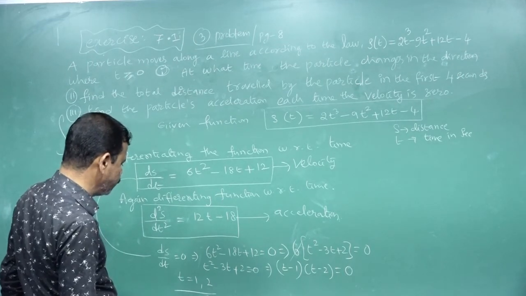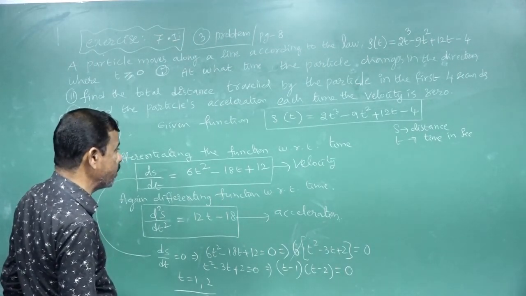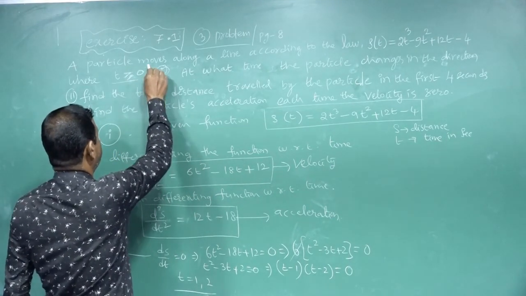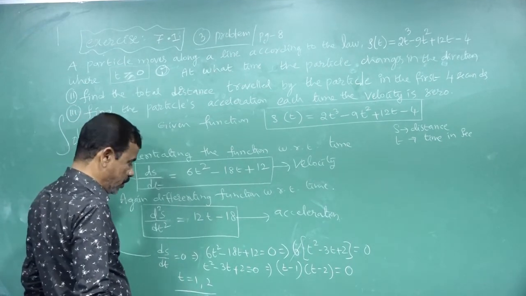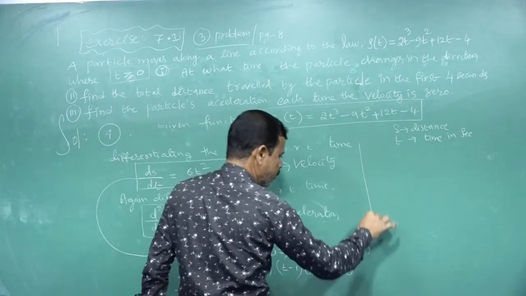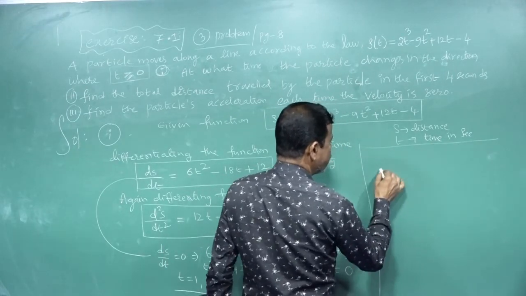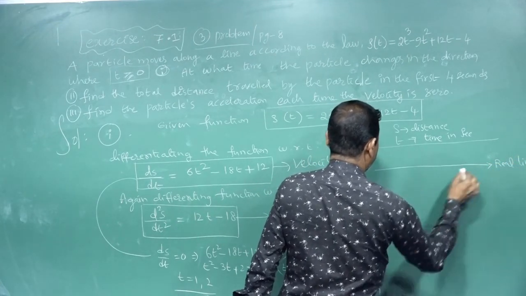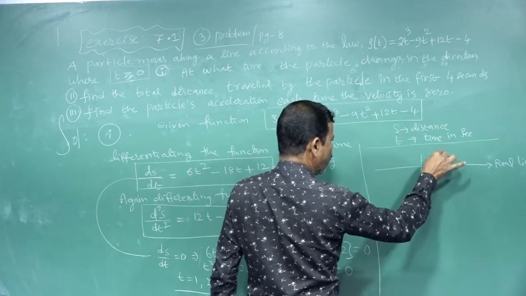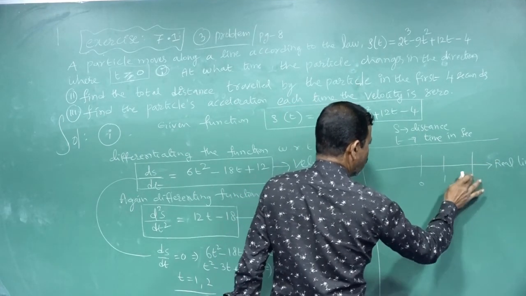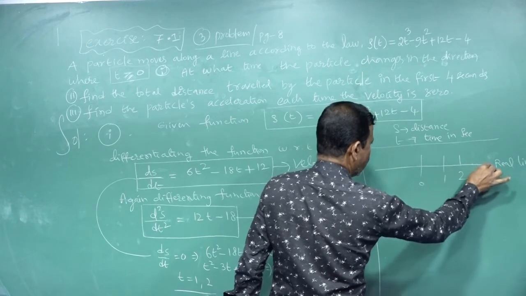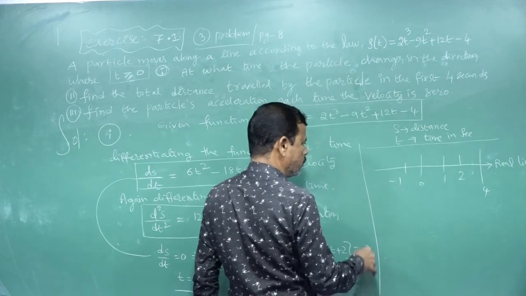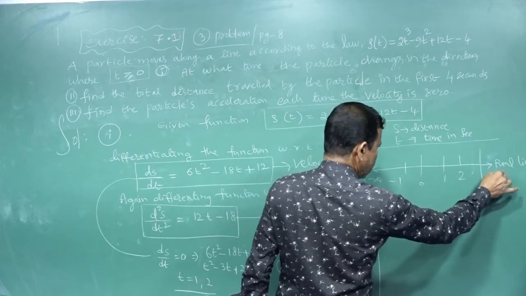So where does the particle direction change? He is asking about t greater than or equal to 0. That means, on the real line, here 0, here 1, here 2, here 4, and on the left side minus 1 down to minus infinity and up to plus infinity.